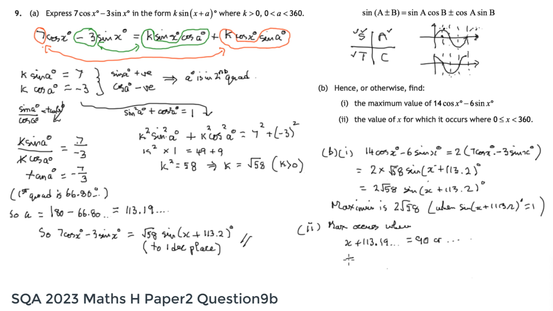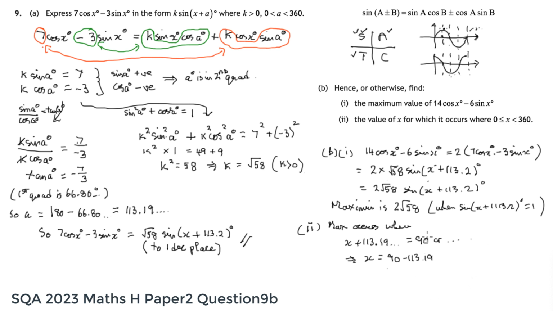So that would mean that x equals, now we take 113.19 and so on away from both sides, so it's 90 minus 113.19. Now you'll notice what's happened there. This is going to give us a negative answer for x. We're very clearly told that x must lie between 0 and 360.